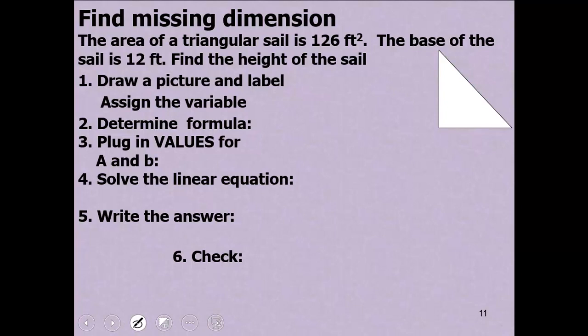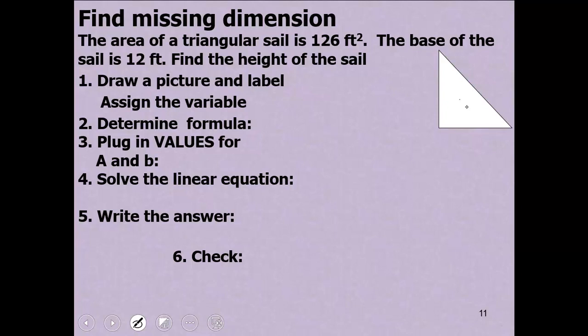One more, and this time it's talking about area. The area of a triangular sail is 126 feet squared. The base of the sail is 12 feet. Notice how I drew this triangle right here. All right, let's label what we know.